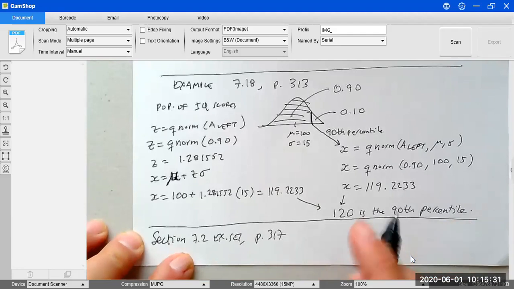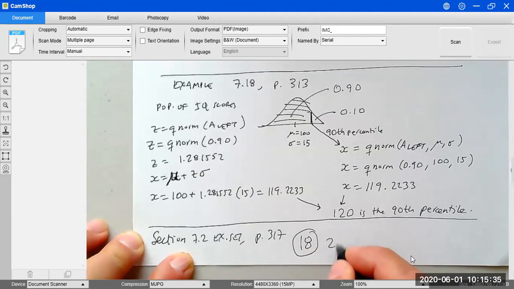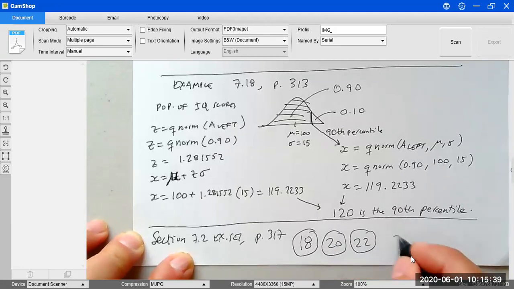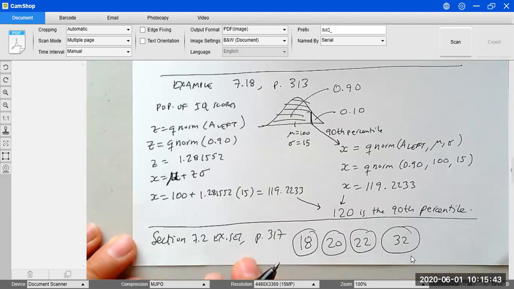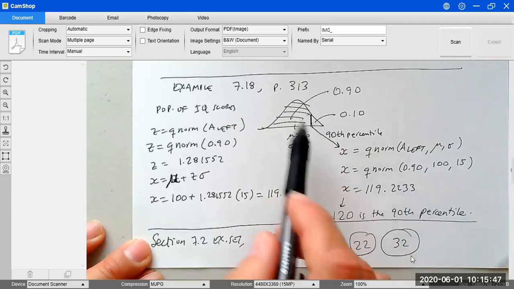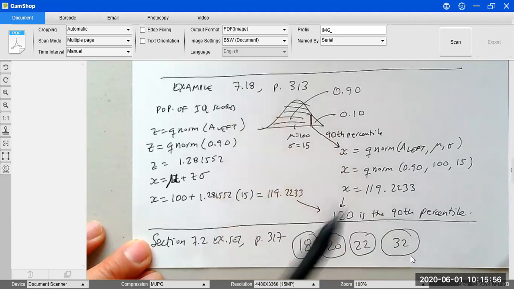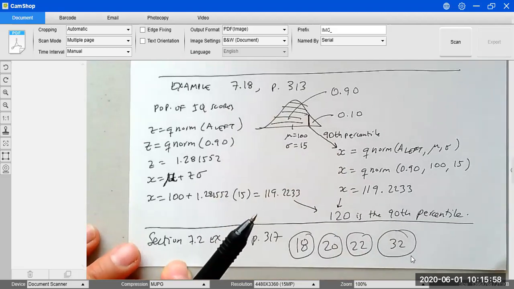You're going to solve problems 18, 20, 22, and finally 32. The first 3 problems are just practicing with the normal distribution, and the last problem is the application. The last problem is the actual problem that resembles the problem that we solved during this section.